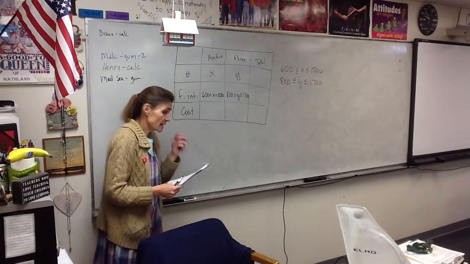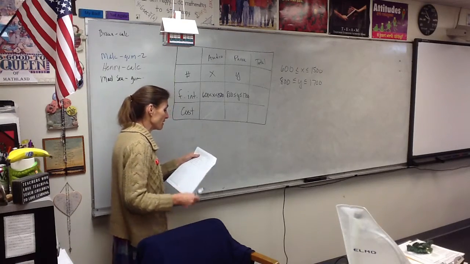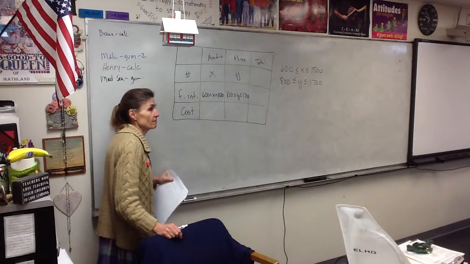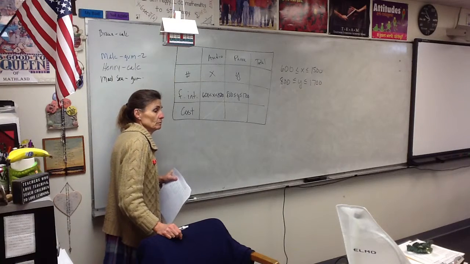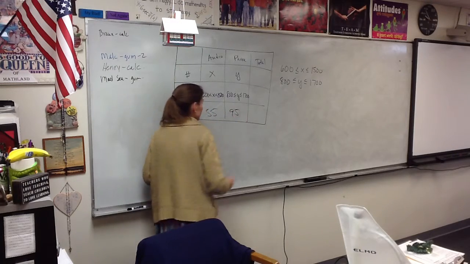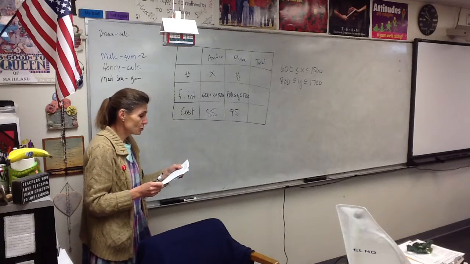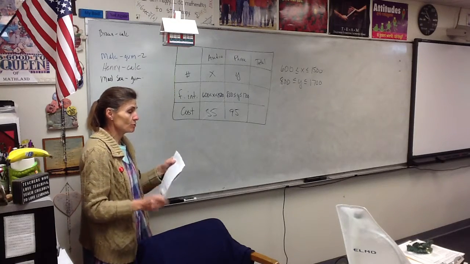All right. Next sentence. The cost of an audio player is $55 and the cost of a phone is $95. $55, $95. At least 2,000 items must be produced per shift.